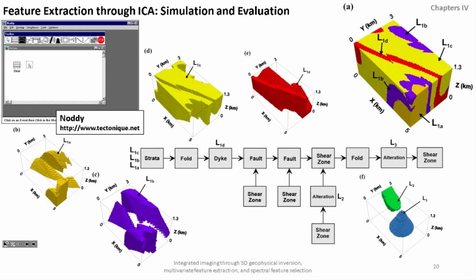This general principle enables us to maximize non-Gaussianity of physical properties through negentropy maximization. To do this, we need to have sufficiently complex 3D geophysical images and thus a complex 3D geological model.